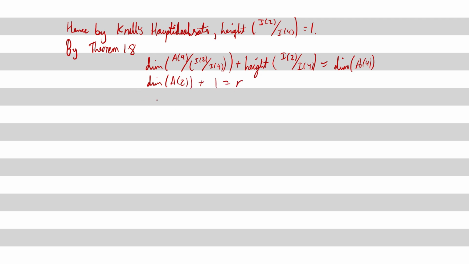And the dimension of the affine coordinate ring of a variety is the dimension of the variety, or of an algebraic set, so the dimension of Z equals r minus 1, which is what we wanted to prove.